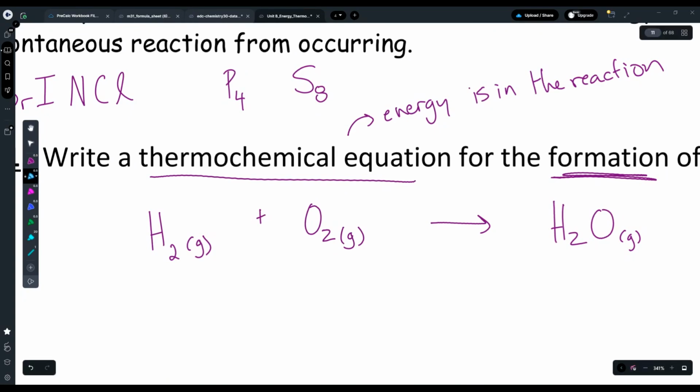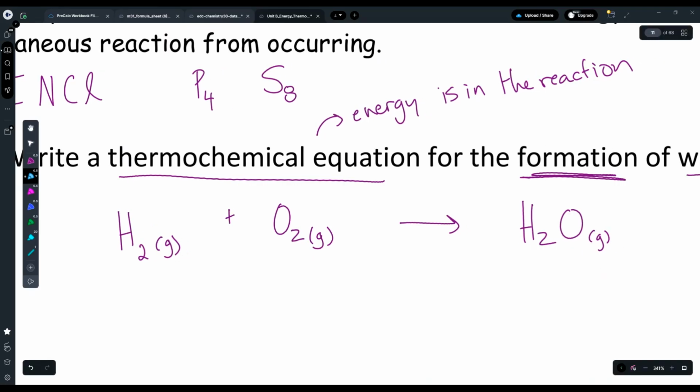Okay, so what that means is we need to have the same amount of each element going into the reaction as coming out. So I have 2 atoms of hydrogen going in, 2 coming out. I have 2 atoms of oxygen going in, but only 1 coming out. So how you balance a chemical reaction is through the use of coefficients.